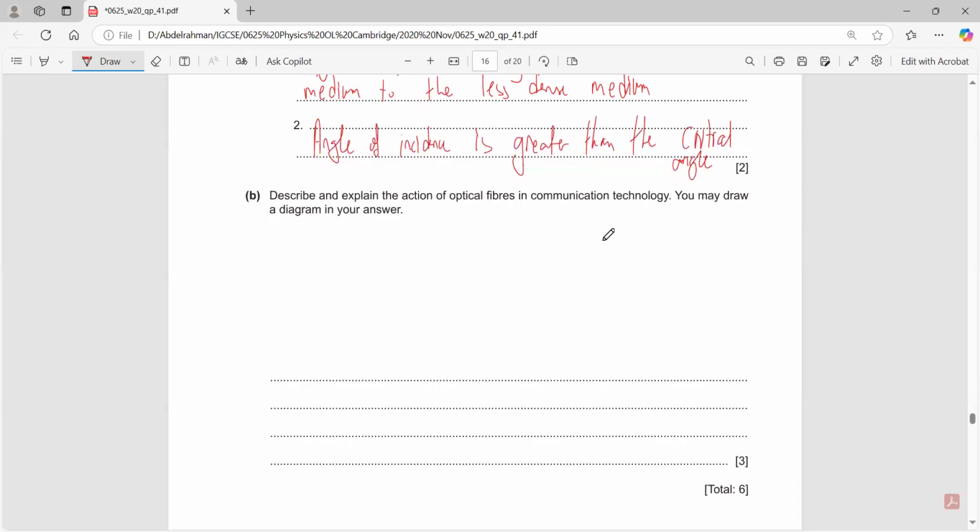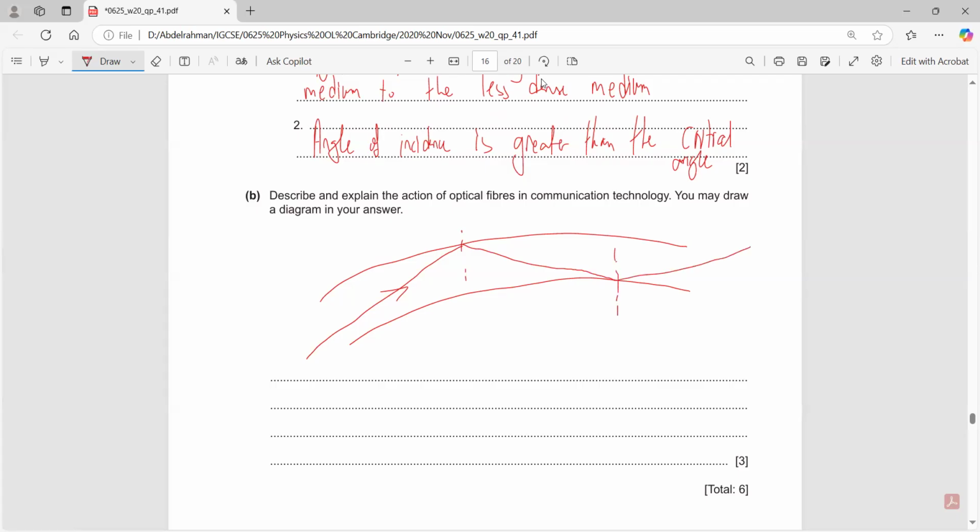What happens in the optical fiber? Light travels into the optical fiber, and then it totally internally reflects until it exits from the other side, carrying information.